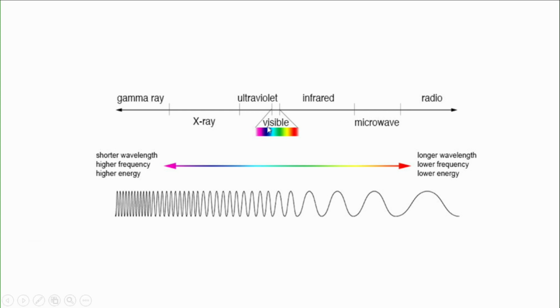In this, visible light is in between, with a range of 400 nanometers to 700 nanometers, where visible light is part of electromagnetic radiation.